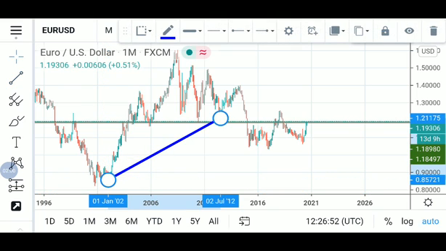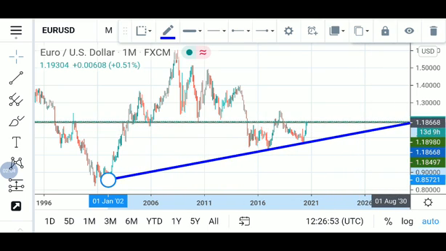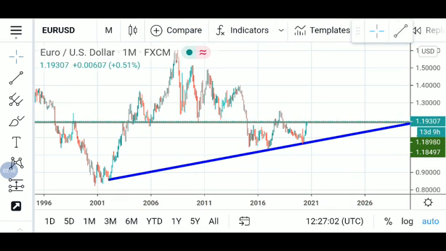And then come on this side, pick it up. So we have this trend line here. Leave that there. And then we have another trend line that starts from the top, which puts us in a big triangle.